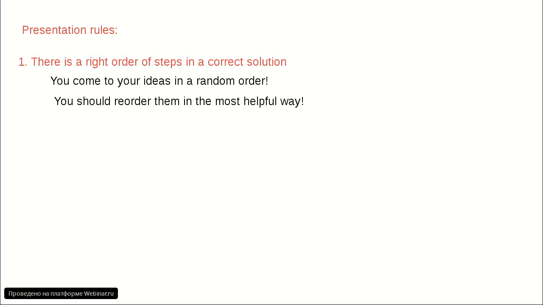For example, prove that AC plus BD is greater than AD plus BC for A less than B and C less than D. How could it be done?